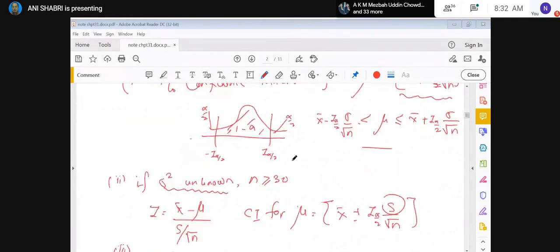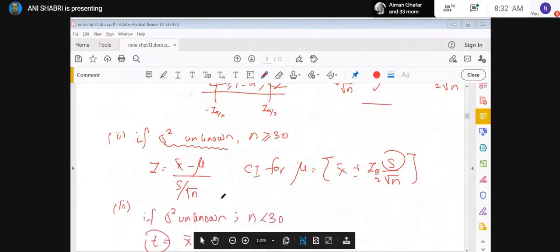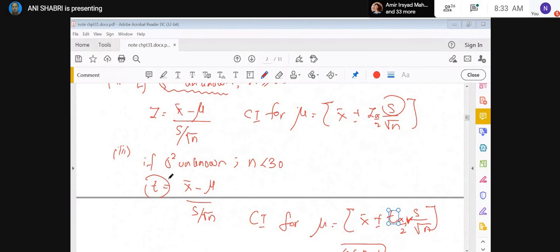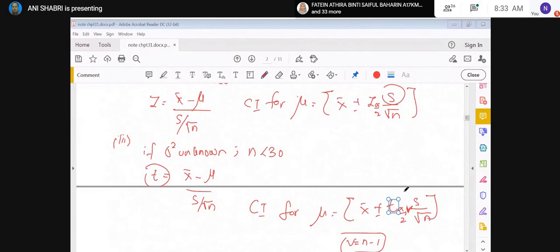Number 2, if it is unknown, we don't know the population value, and n is greater than 30, we can use the same formula, just change sigma with S. Number 3, if the variance is unknown and n is less than 30, we can use the new formula using the T distribution. The formula is almost the same, just change Z with T.